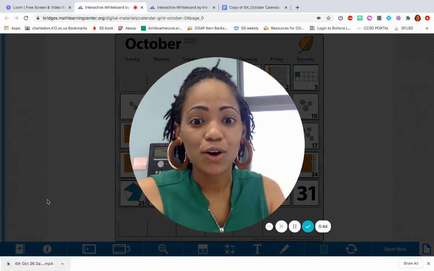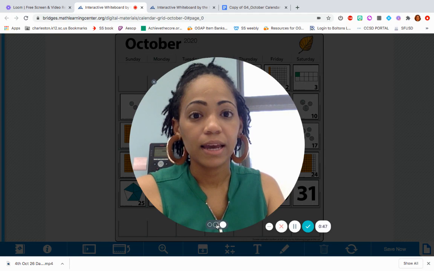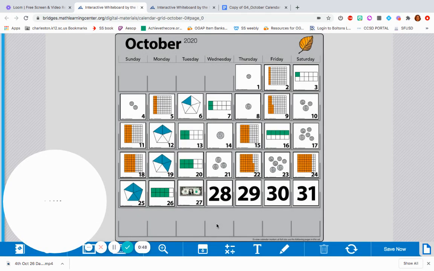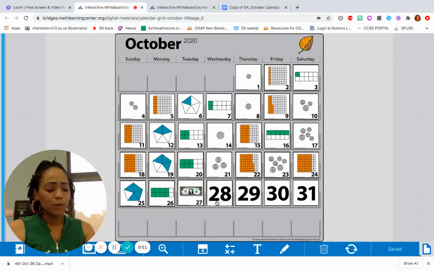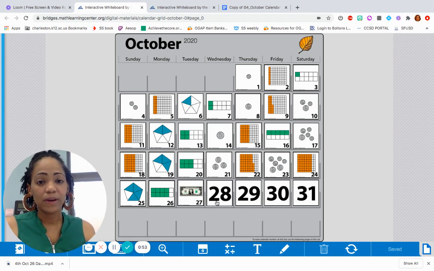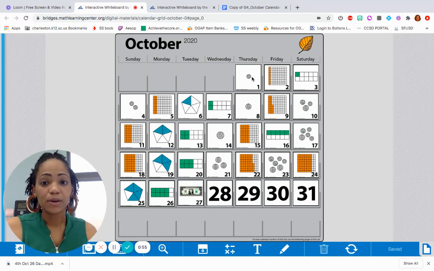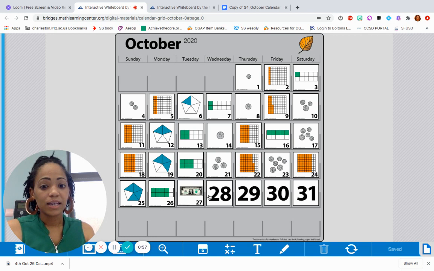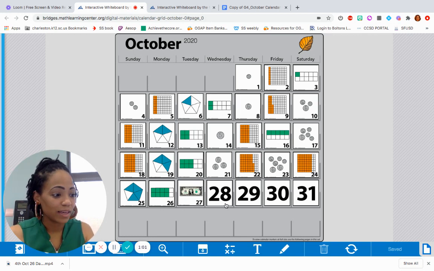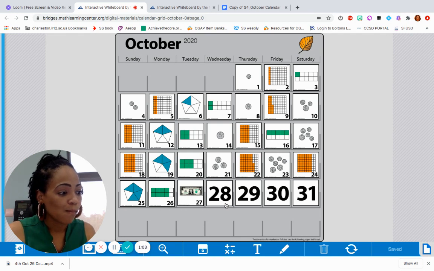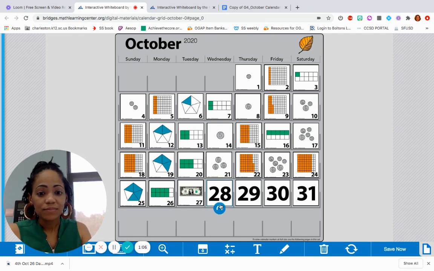All right, so let's start off by looking at our calendar. So you made some predictions about what you think is happening with the pattern, okay? And so yesterday we had $1. So then today, what do you think it's going to look like? Yeah, it's a full mat.